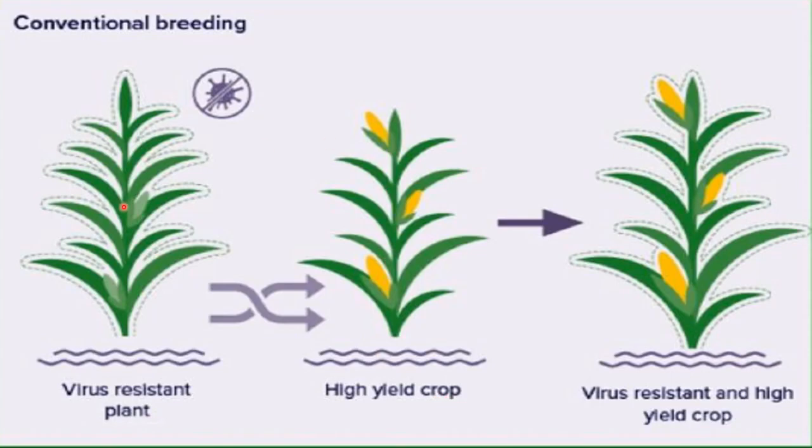When these two are hybridized, then this hybrid crop is having the desirable characteristics of both. So this is an example of conventional plant breeding method. This plant breeding method can be done for making the plant disease resistant, or for any other agronomic character of the plant, right?